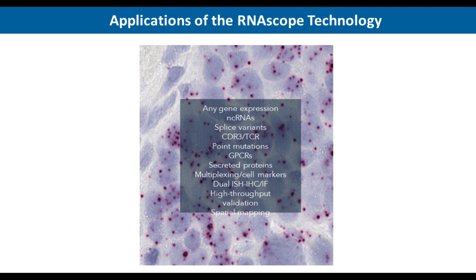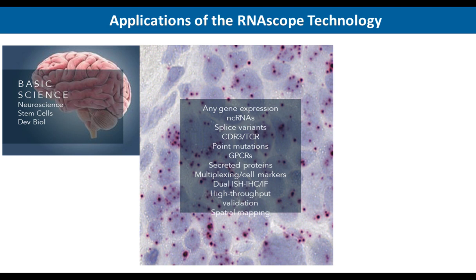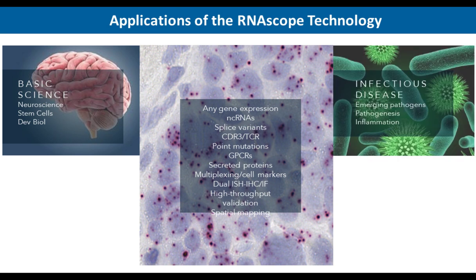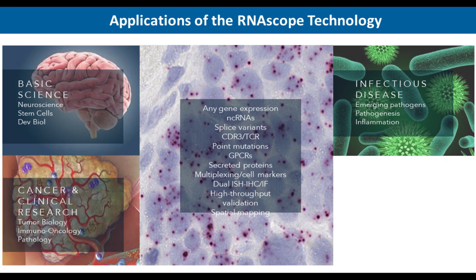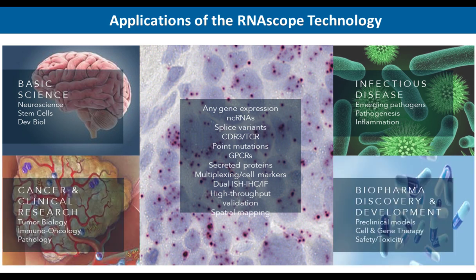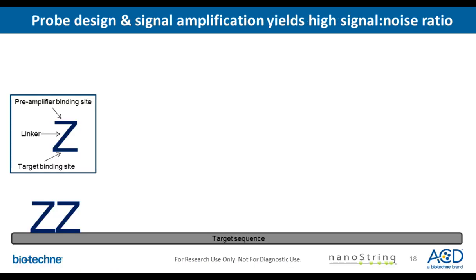RNAscope has been widely applied and used for the confirmation of single-cell RNA-seq data. It's been used in combination with immunofluorescence, and the technology has been applied across a vast number of research areas, which include basic science research, infectious disease research, cancer and clinical research, as well as biopharma discovery and development.